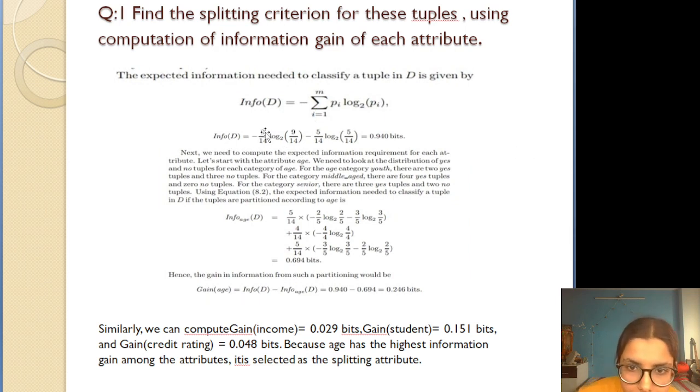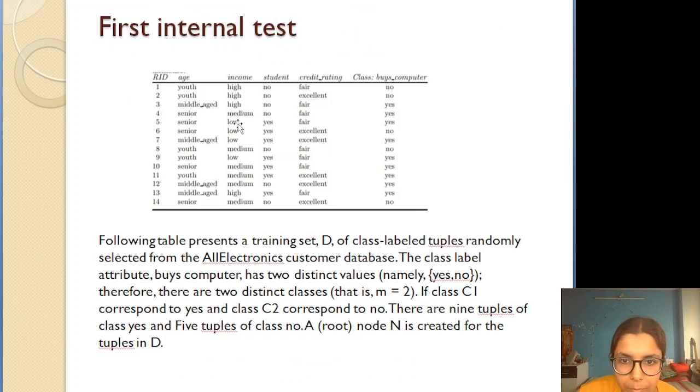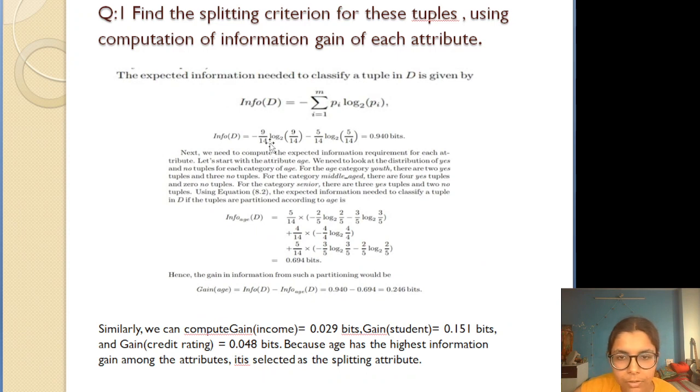Okay, and so for the generalized information gain, we firstly have 9 by 14. 14 is the total number of records, and 9 were the yes records. Okay, so we took 9 by 14, then log 2 of 9 by 14.